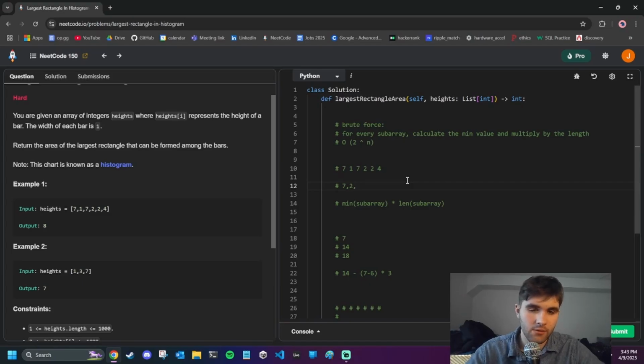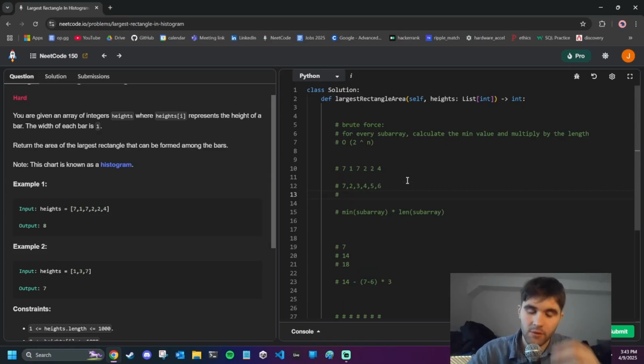And the subarray at this position would be 3, and then 4, and then 5, and then 6. If we do it from the back, it would be 4, 4, 6, and then 8. Yeah, so doing it from the front or back doesn't really matter. We'd have to do it from every position.